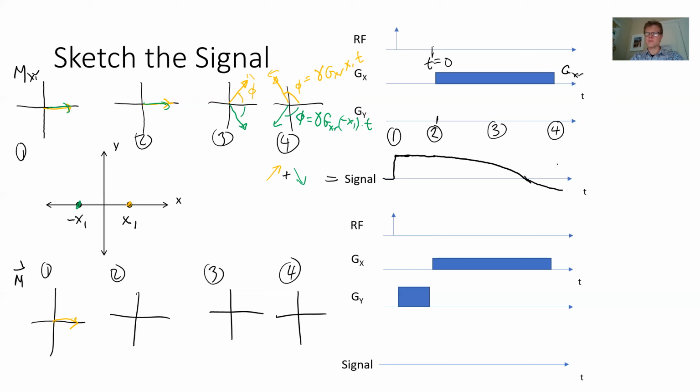And we can actually derive that the shape of this curve is going to be a cosine of the same form, gamma times gradient amplitude times the x1 position times time.